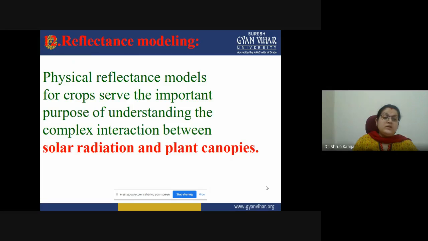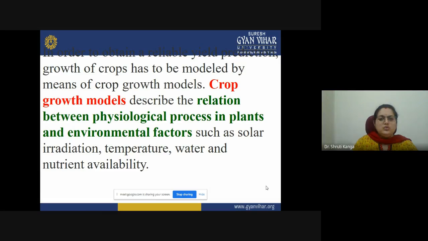So, based on the various reflectance values, the interaction between the solar radiation and plant canopies can be studied.